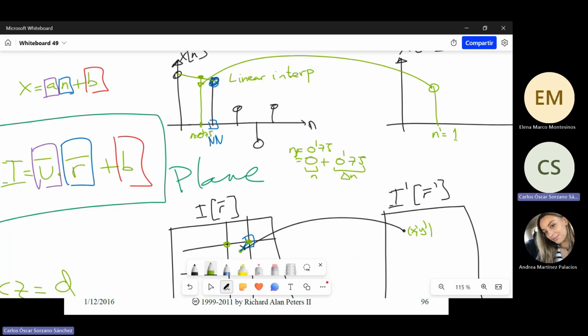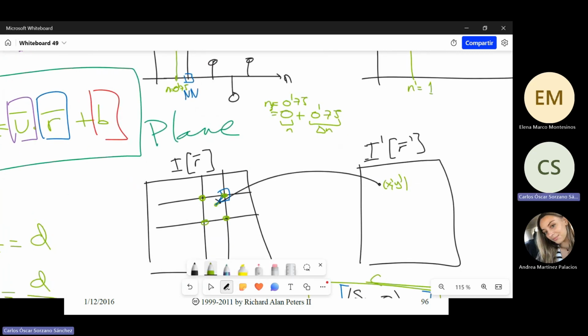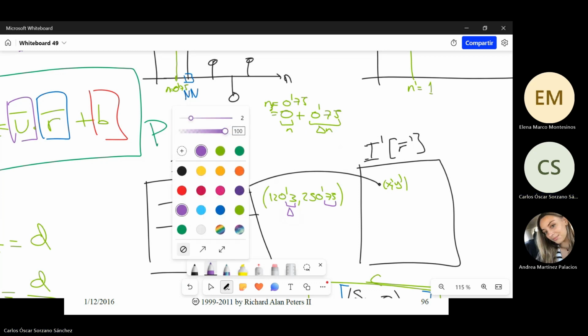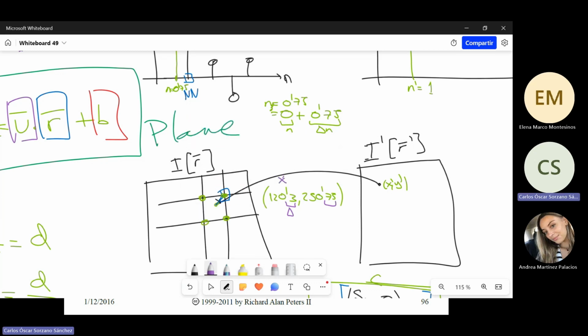The same will happen here. Let's say that I want to interpolate at the location, I don't know, 100.3, comma, 50.75. Say that this is x, y.